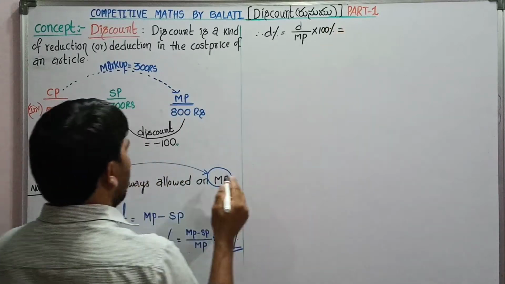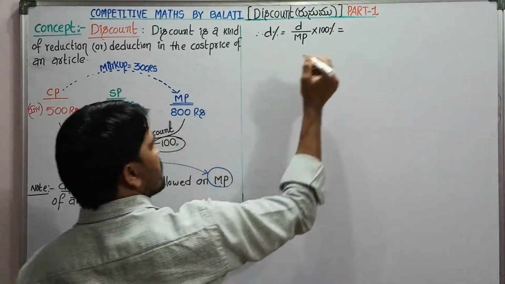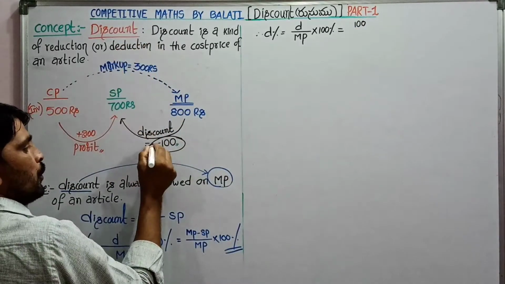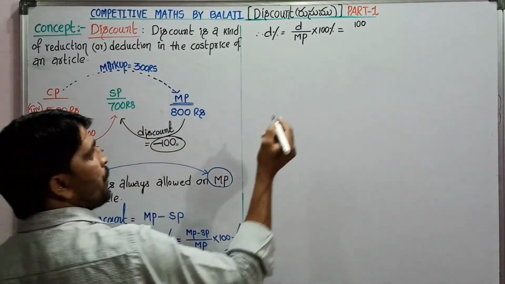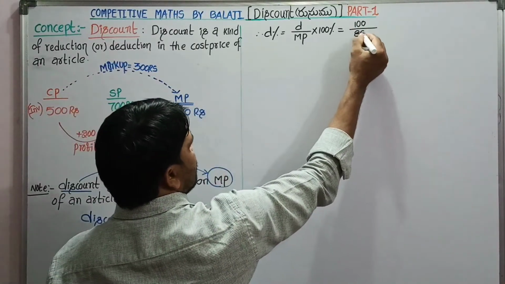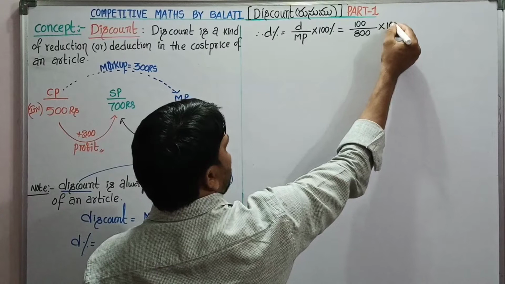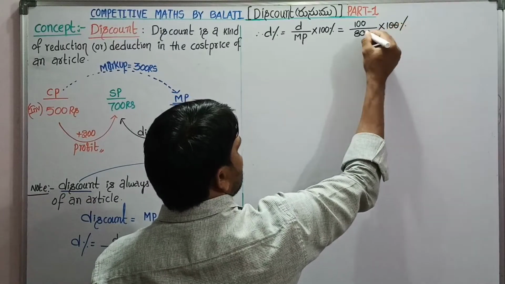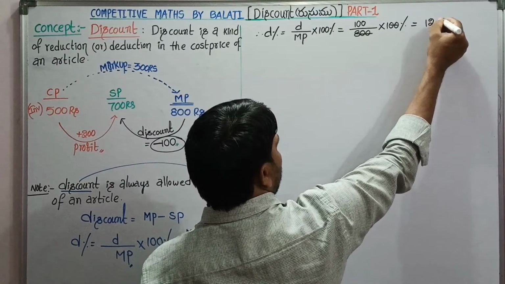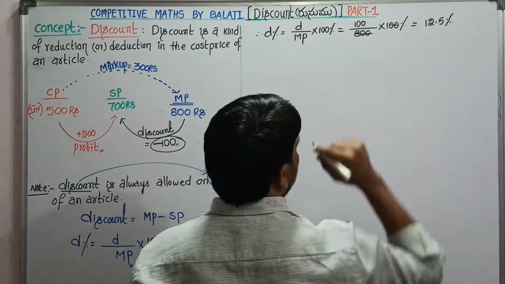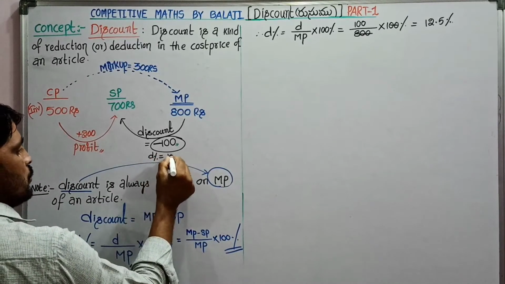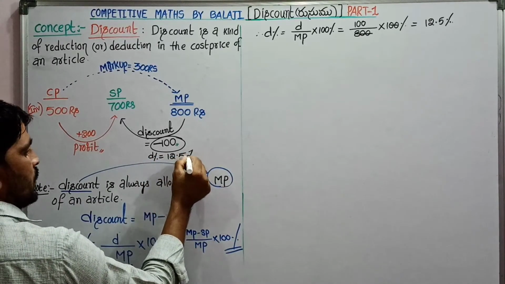Discount is 100 rupees; since it is a reduction, we use a negative symbol. 100 over market price 800 into 100%. Two zeros cut. 100 by 8 is nothing but 12.5%. So discount percent is equal to 12.5%.